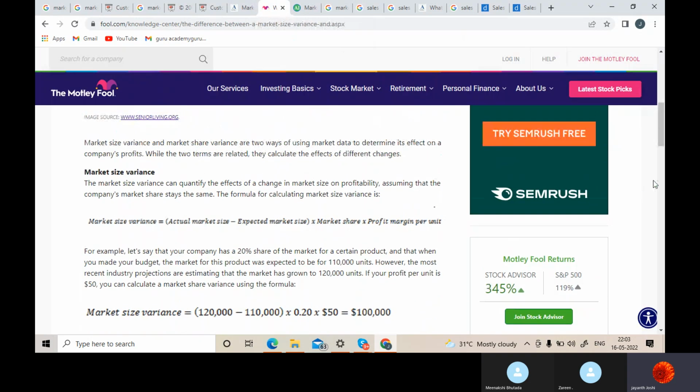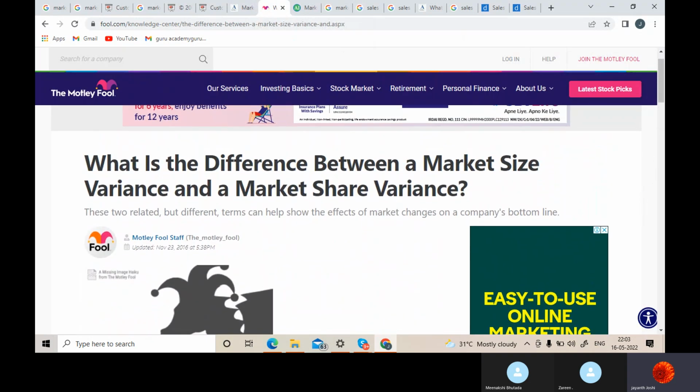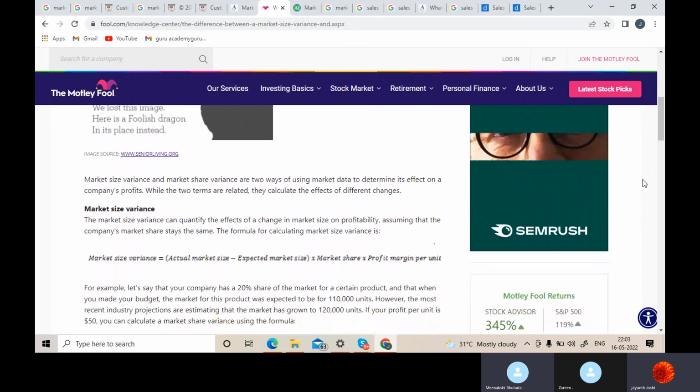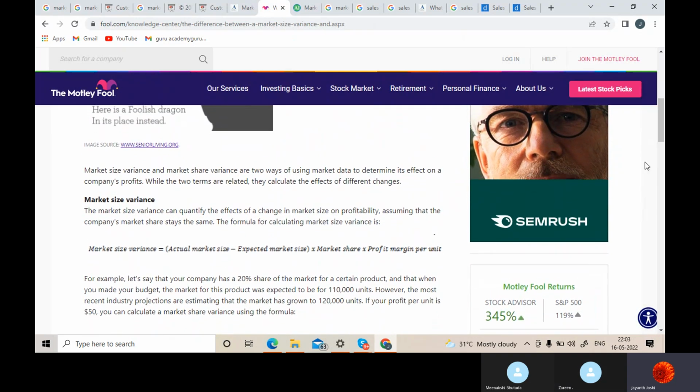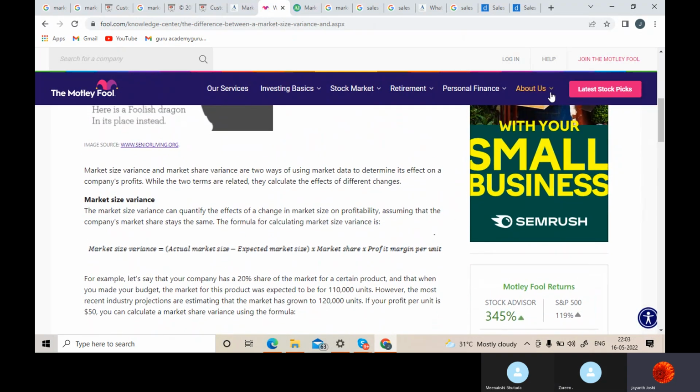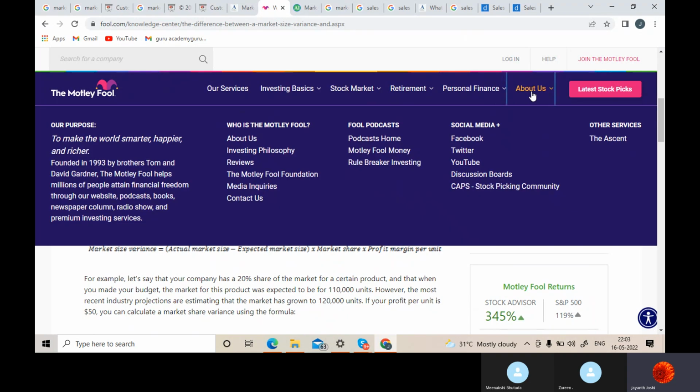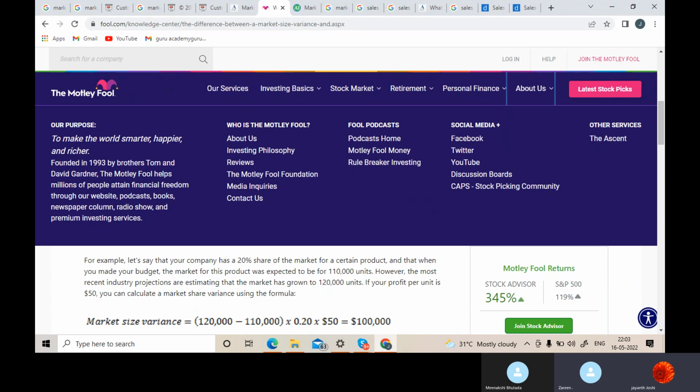Now do this question. Here is the example, and you have to find out the market size variance. Okay, come on, I'm waiting. It's the same question, I doubt. Correct? No, quite different. Units are different.